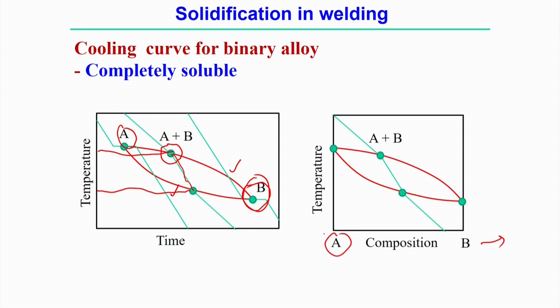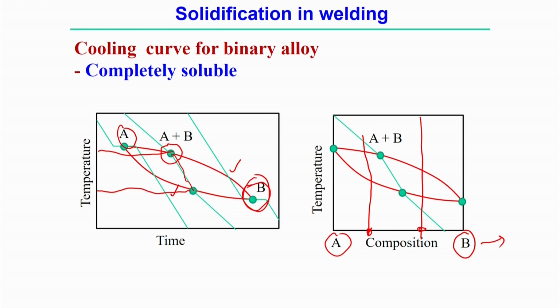Here at point A it is exactly 100% A, that means it is a pure metal at point A. Similarly, at B it is 100% B, that means it is a pure metal B, but in between there is a mixture of A and B, a certain percentage of A and a certain percentage of B. So, at any point, if you draw a vertical line, that represents a composition that consists of A plus B, and the proportion may be different at different points.